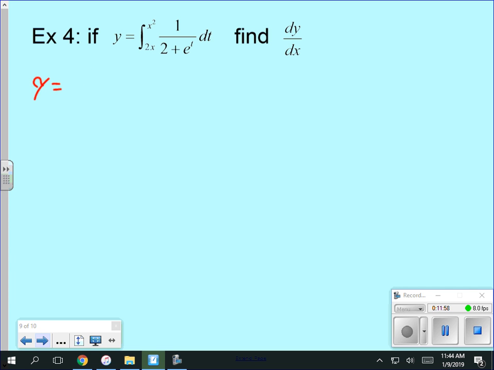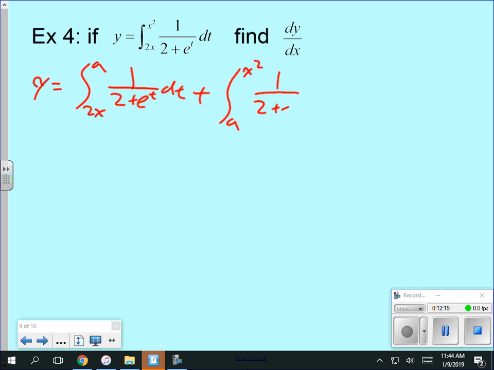So y equals the integral from 2x to some constant a of 1 over 2 plus e to the t dt, plus the integral from a to x squared of 1 over 2 plus e to the t dt. We have a rule that says we can do that.